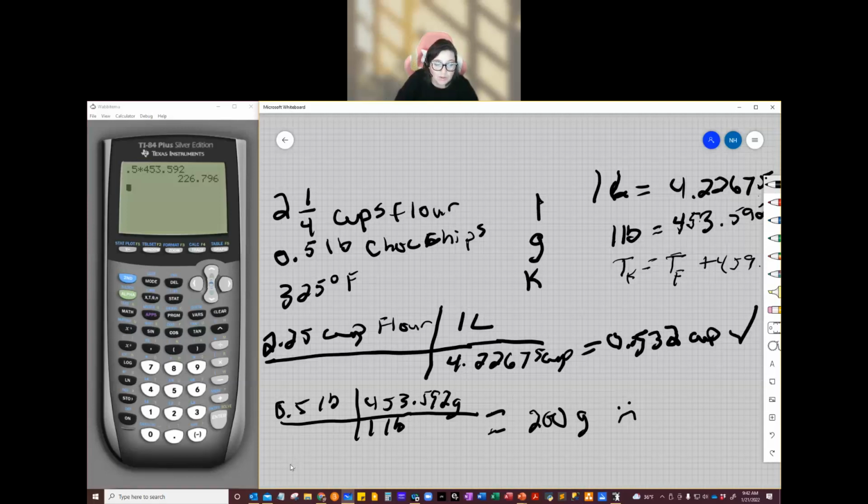So I want to do 325 degrees Fahrenheit to Kelvin. So my temperature in Kelvin is equal to the temperature in degrees Fahrenheit, which is 325 plus 459 point something. What the heck did I write? 453.592.